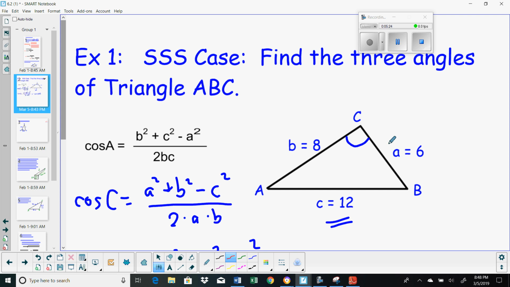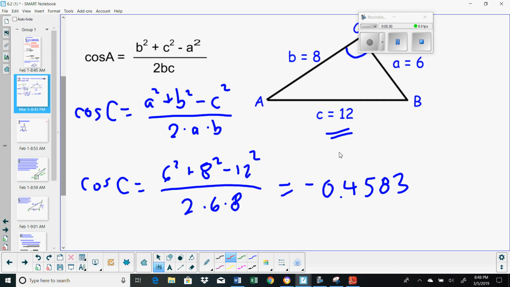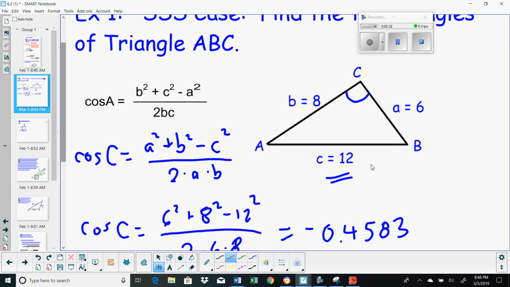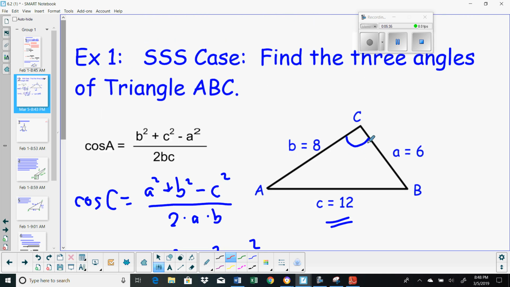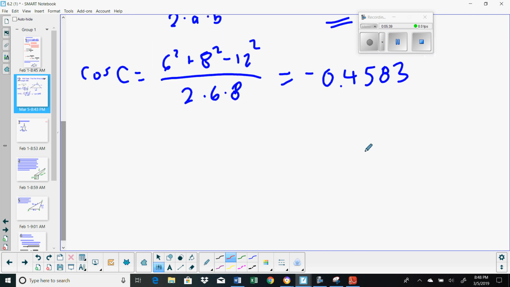This angle could be anywhere between 0 and 180 degrees in a triangle. But since the cosine is negative, that's got to be an angle in quadrant 2, over 90 degrees. So since we got a negative, this is going to be an obtuse angle, so C is obtuse.